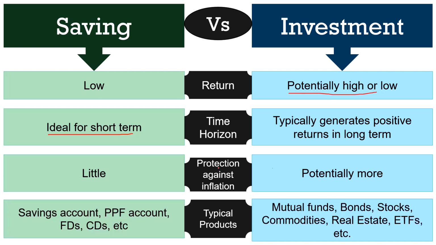Next, when it comes to typical products, people park their excess money by keeping it in savings account, PPF account, FDs that is fixed deposit, CDs that is certificate of deposit, etc. In contrast, one can invest in mutual funds, bonds, stock, commodities, real estate, exchange traded funds, etc.